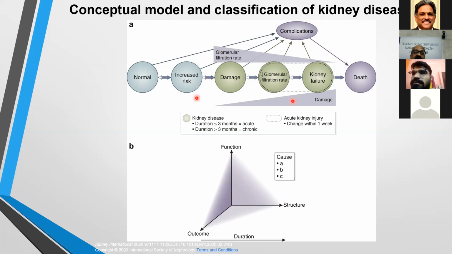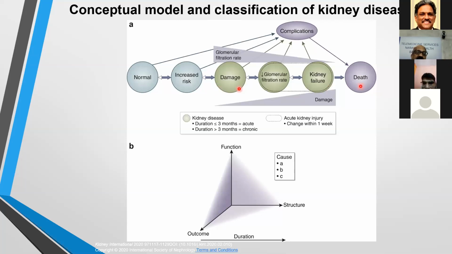Reciprocally speaking, as the kidney damage increases, the glomerular filtration rate comes down, and the patient lands up with end-stage kidney disease, kidney failure, and if not sorted out either by kidney transplantation or repeat dialysis, that is inevitable.